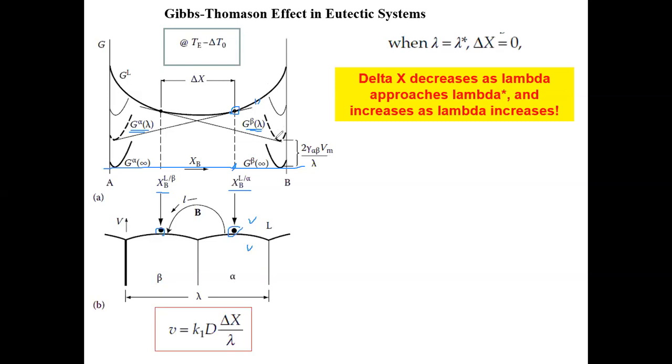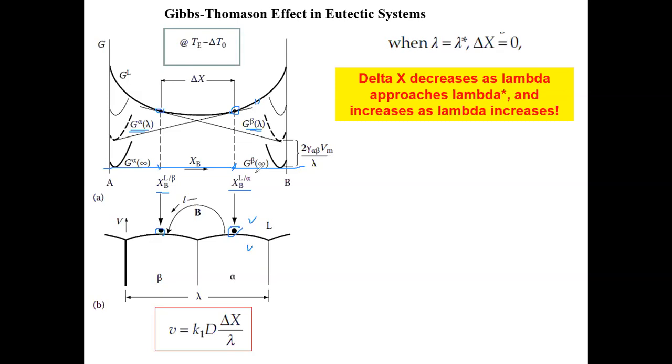So you do the double tangent construction, and then you only focus on the liquid because I do not care what the composition of the beta phase is for now. So this is going to give you the XB liquid for beta. Does this make sense, everyone? This is how we get the two compositions.